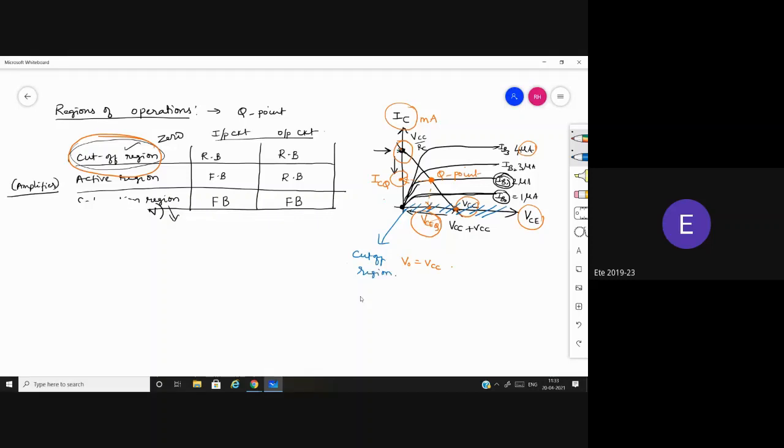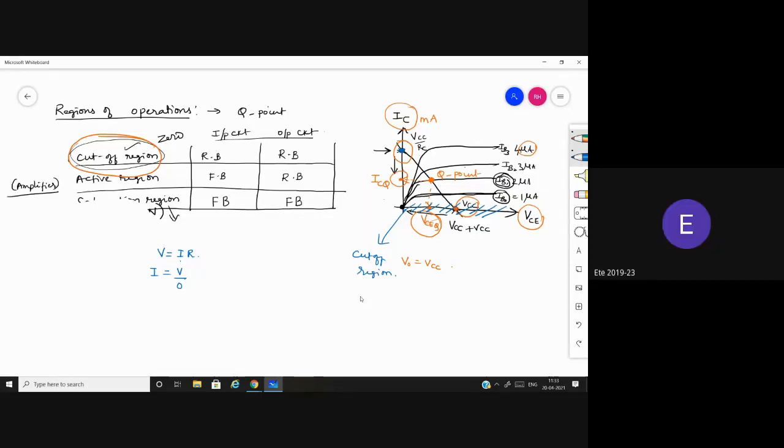Now coming to this point, we get this point when you are having maximum current flow. According to basic Ohm's law, V is equal to I into R, the current can be maximum when resistance is 0 or minimum, right?